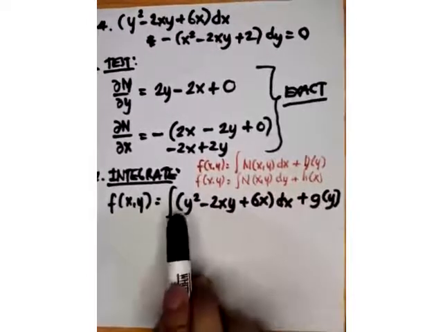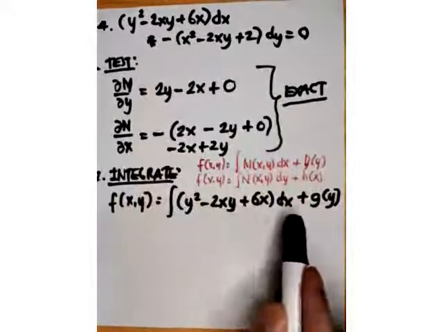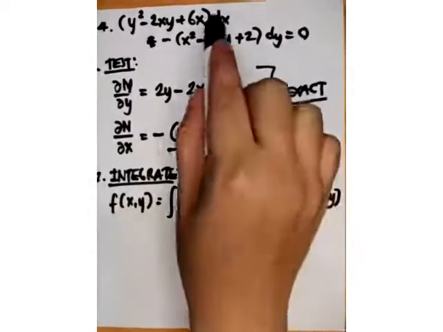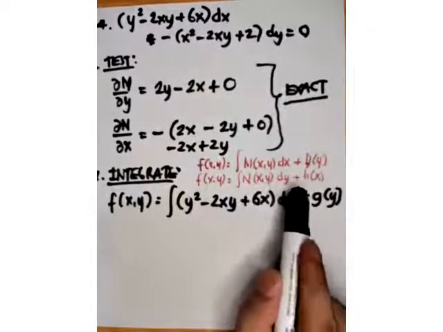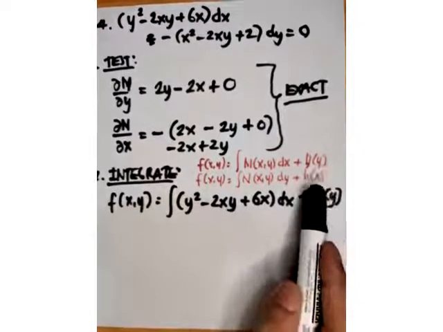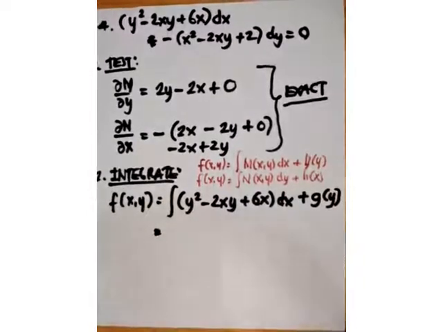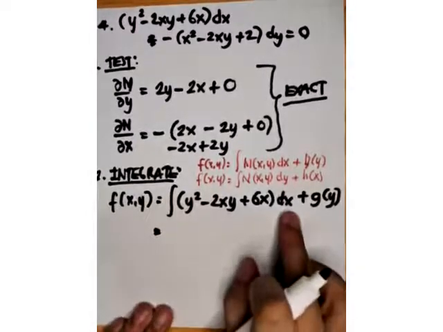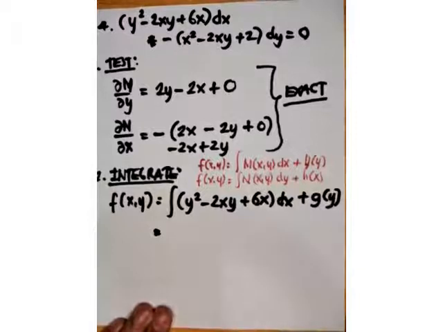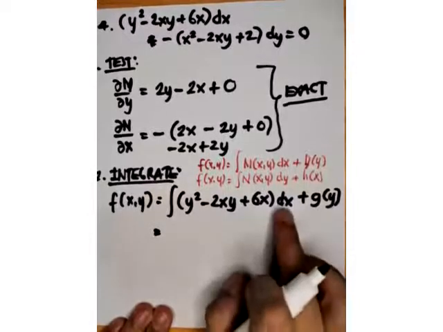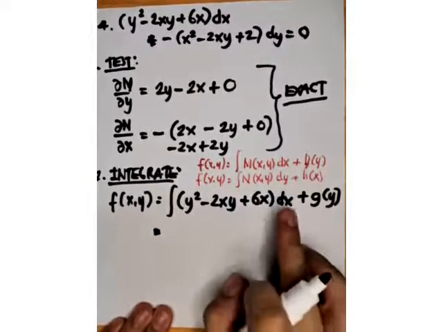Okay? So, copy ninyo yung M plus g of y. Kung yung N yung pinili ninyo, isusulat ninyo dito is hindi siya g of y, h of x siya, kasi x naman nun yung nawawala. Okay. And then, mag-integrate lang in terms of x. This is again partial integration. Dx yan, so that means ang lahat ng y ay constant.